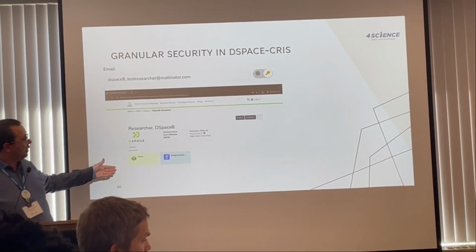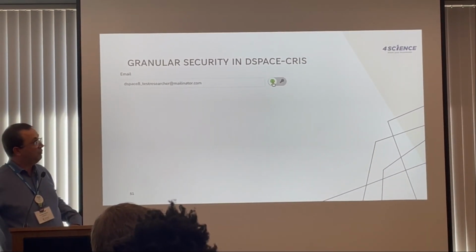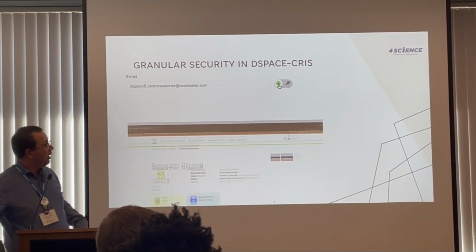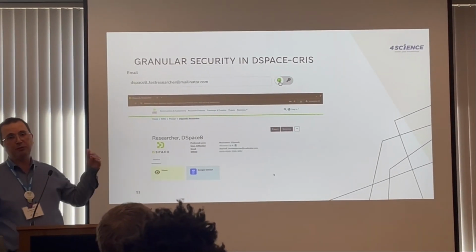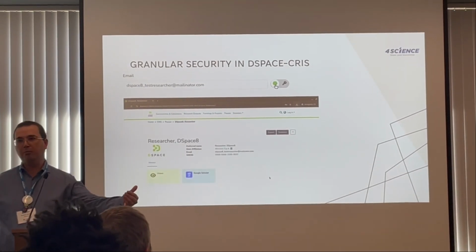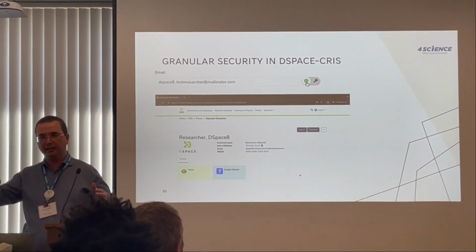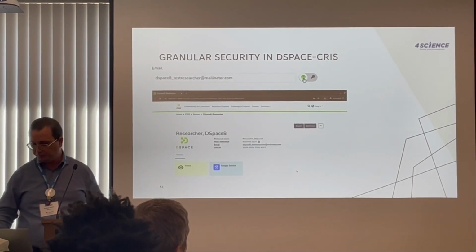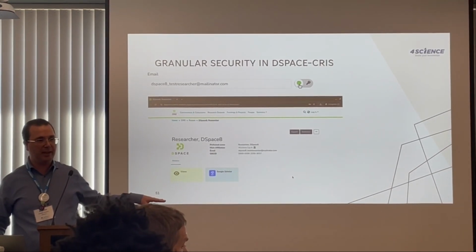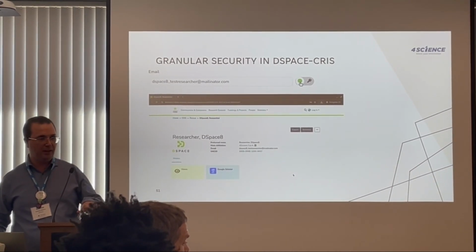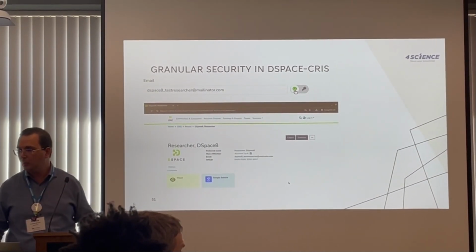So anonymous users are not able to see the email address, but if you make it public, anonymous users will also get the email address. And you can have different levels of access, so it's not only public or logged-in user or administrator. You can decide the different level of security that you need. Everything is respected both at the user interface side, and then on the backend side. So the REST API also follows the same rule.